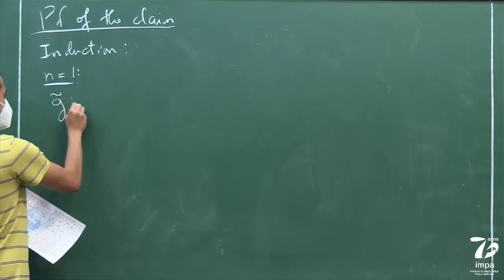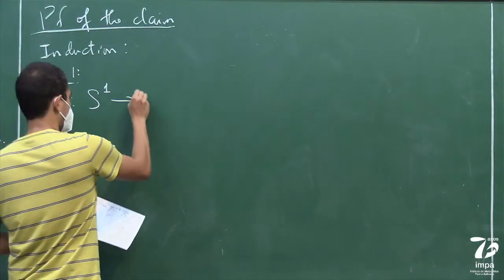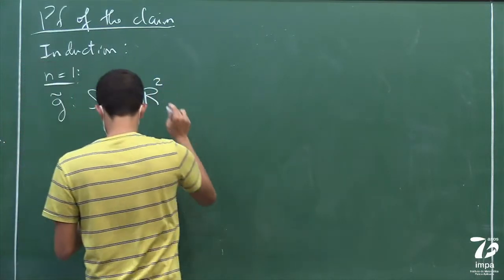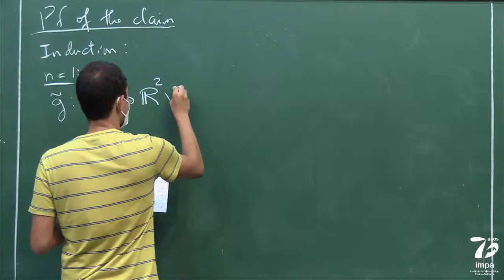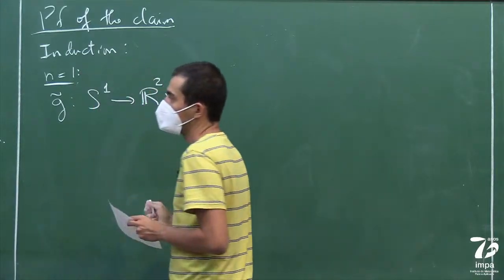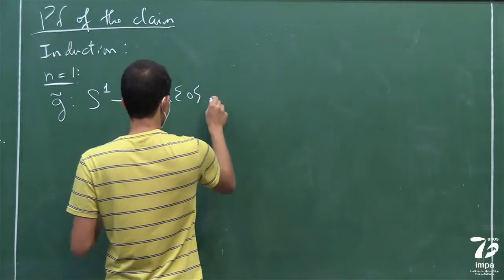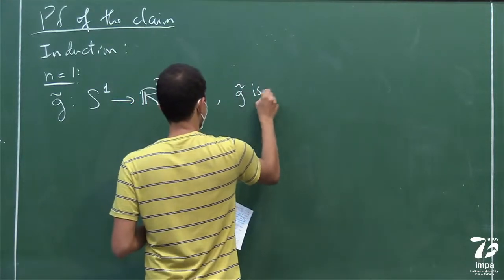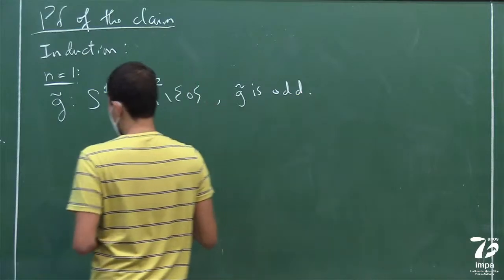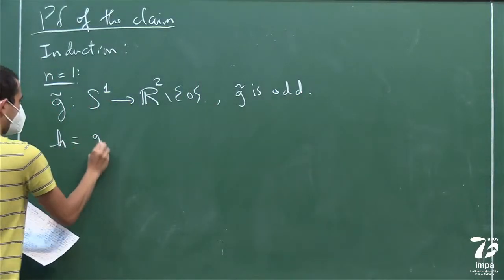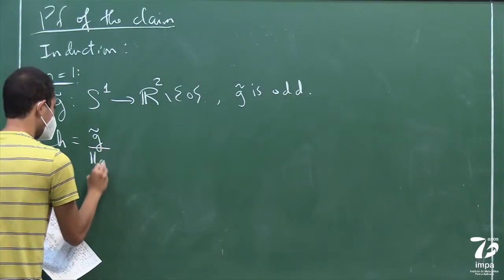So g tilde is a map from S1 to R2 minus 0. It doesn't hit 0. And g tilde is odd. Now we can take, of course, the map g tilde over the norm of g tilde.